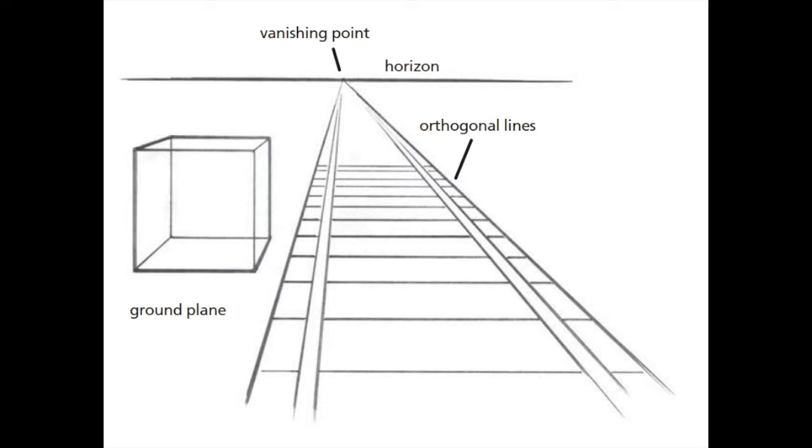In this example, they show a railroad track. You can see these orthogonal lines, which get smaller and smaller as they move farther away from the viewer. They get thinner and thinner the farther they move into the distance. It's creating an illusion of space.